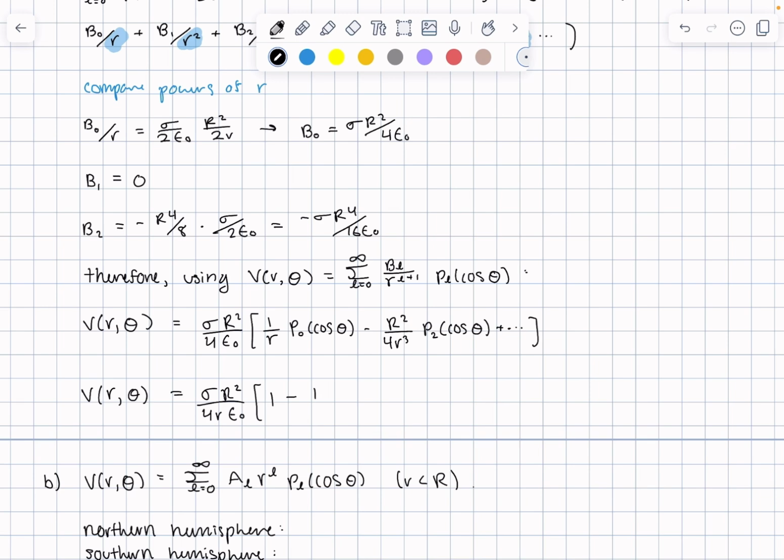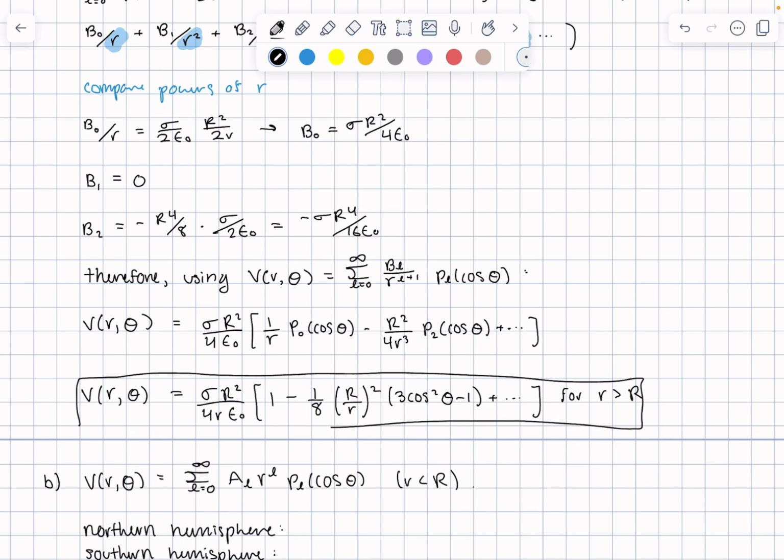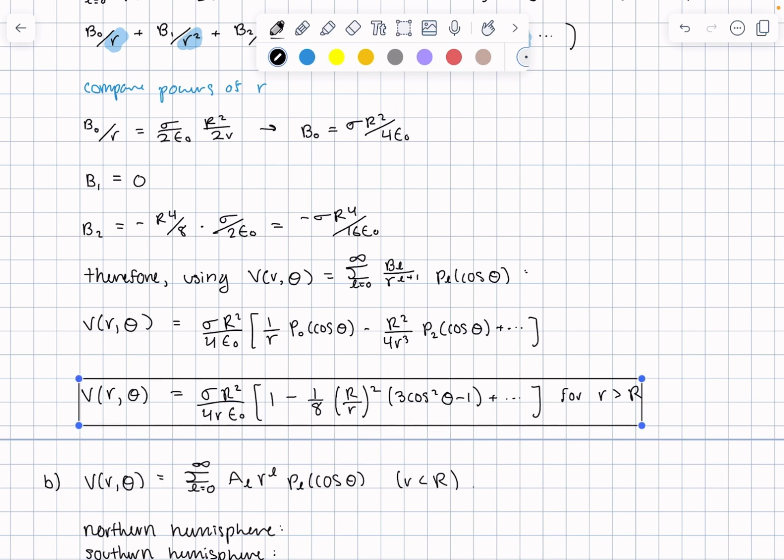Minus 1/8 times R over little r, this whole thing squared, times, now we're plugging in this, right? So it'll be 3 cos squared theta minus 1 plus, continuing. And then that is for when r is less than big R, our radius. So there is the answer to part A.